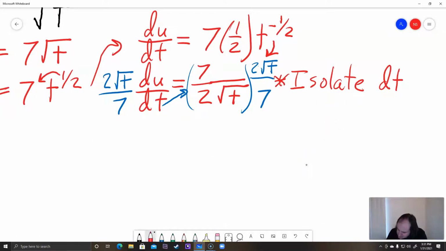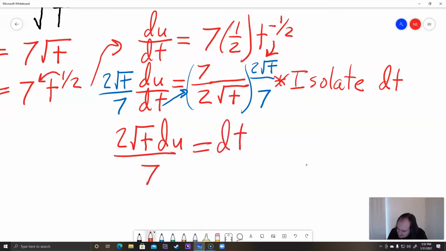So that's going to give us 2 root t times du over 7 equals dt. Because everything on the right side, the 2, the 7, and the root t are going to cancel out. So we're just going to have dt on the right side, which is what we wanted. We wanted to isolate dt, if you're following my method for doing these.